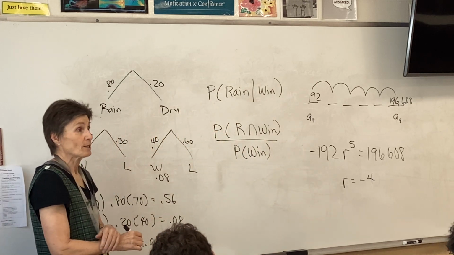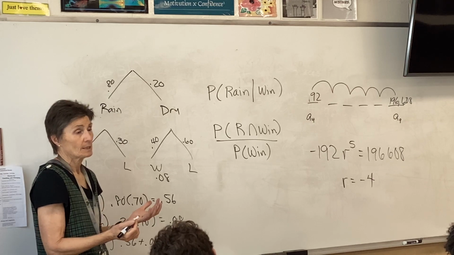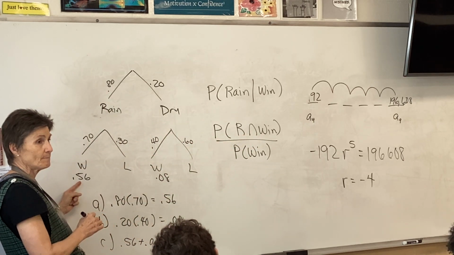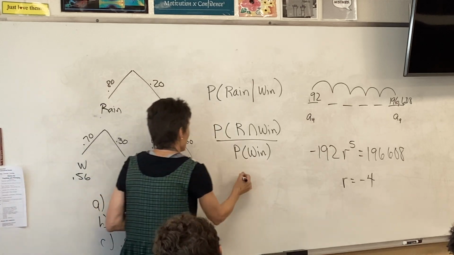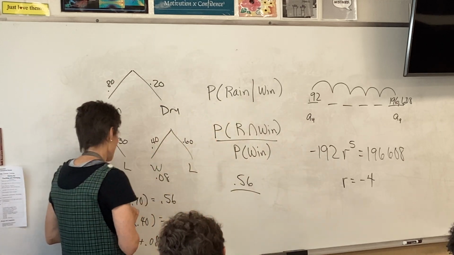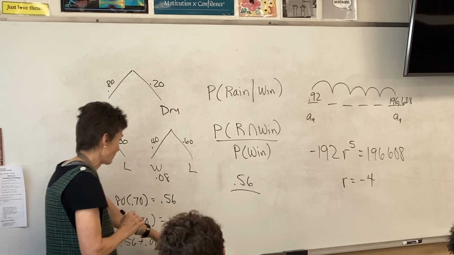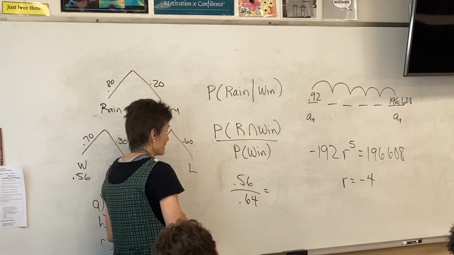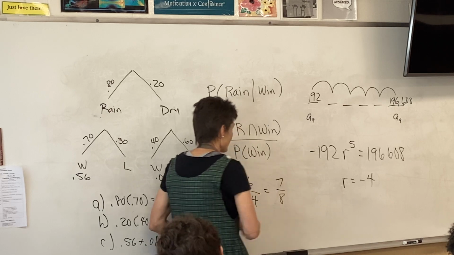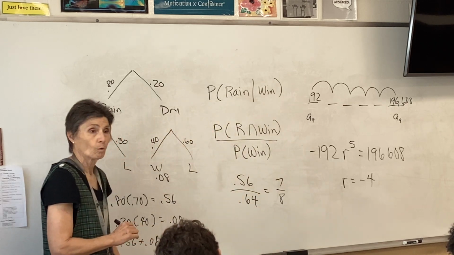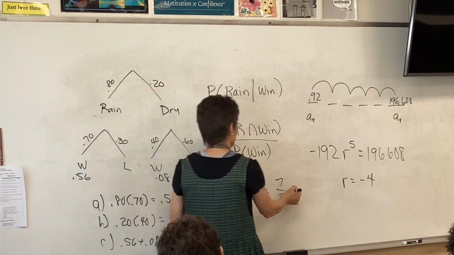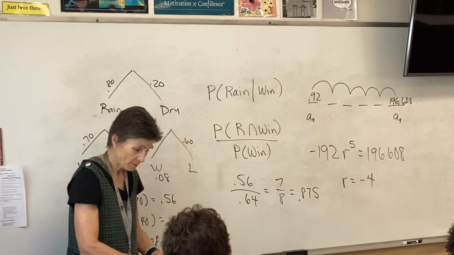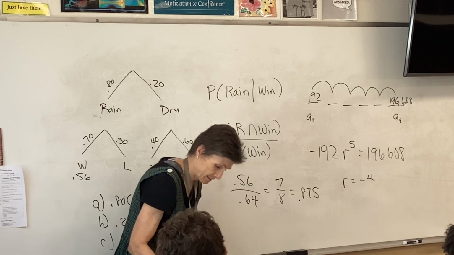Now, we actually already know both of those numbers, because rain and win was this one right here, and total win was this one right here. So reduce that fraction, looks like 7/8, or 0.875 if you put a decimal. Okay, Peter? All right, that one done.